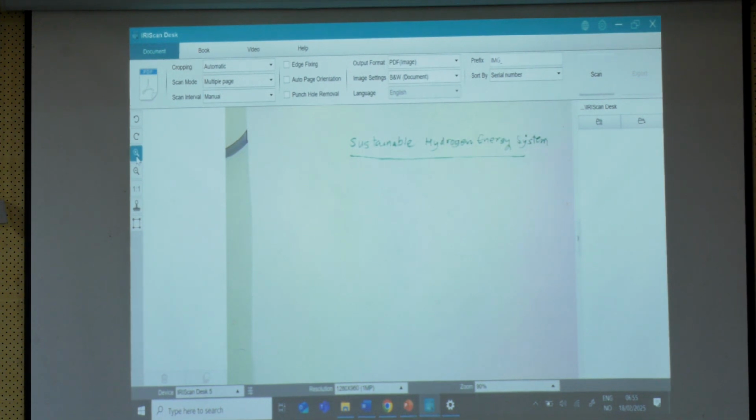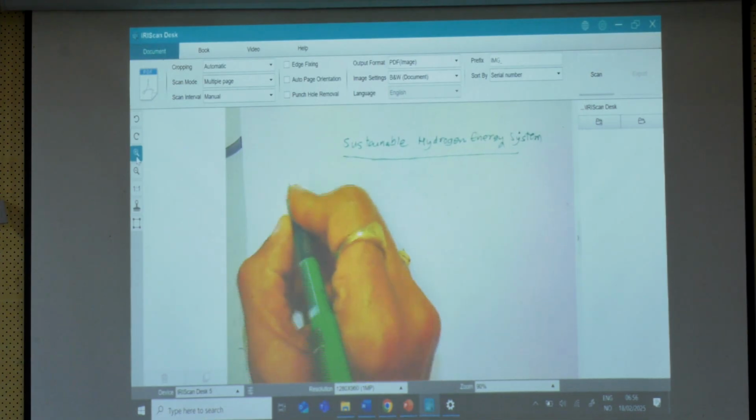Similarly, when we have this integrated sustainable hydrogen energy system, how can we include the reference level for monitoring, controlling and doing autonomous operation of these components which have very different operational characteristics? Is it okay? So, now we will start step by step.